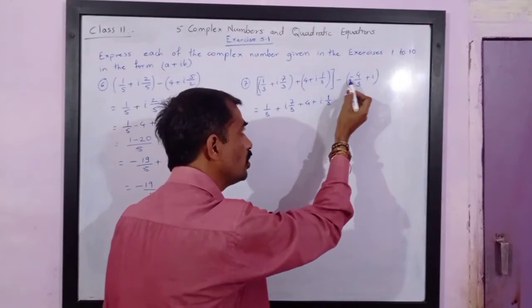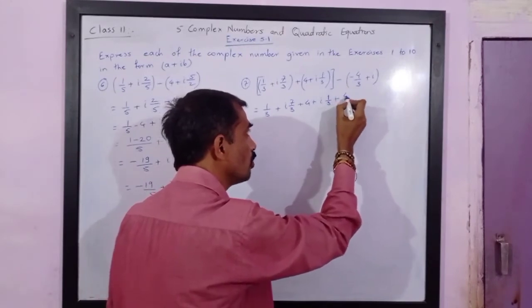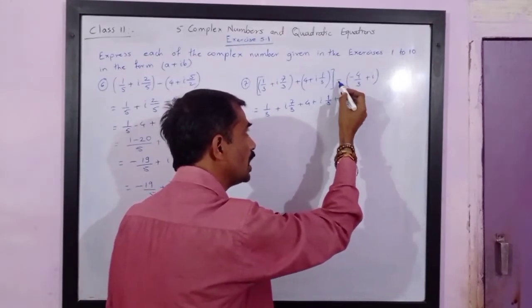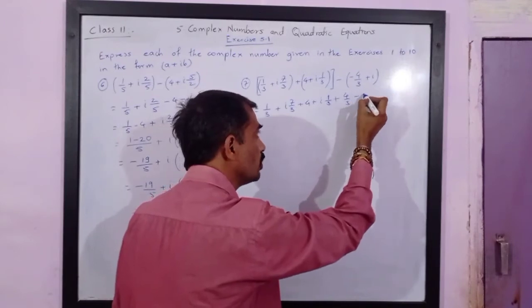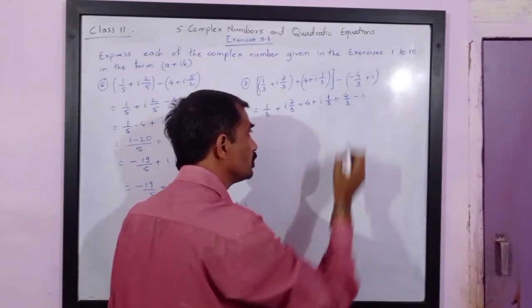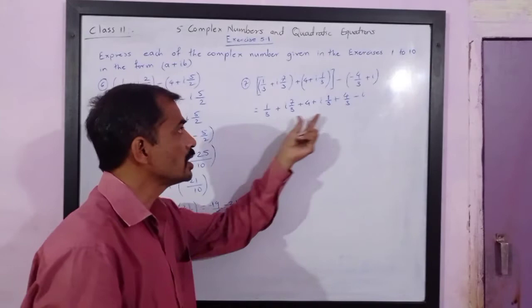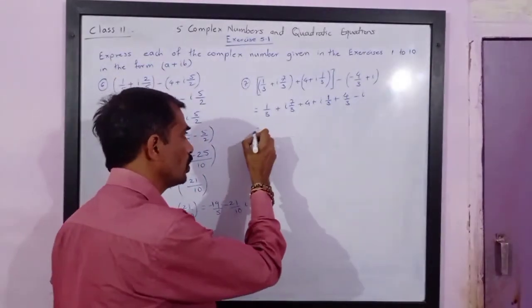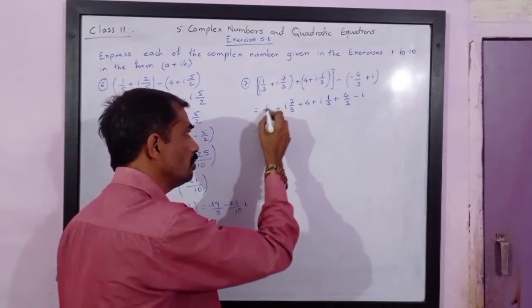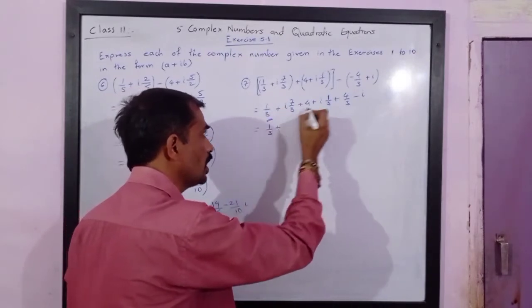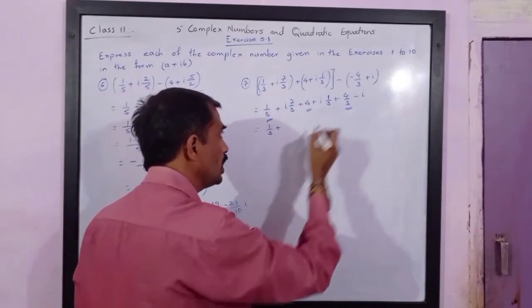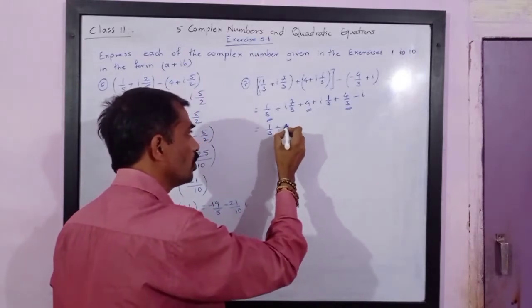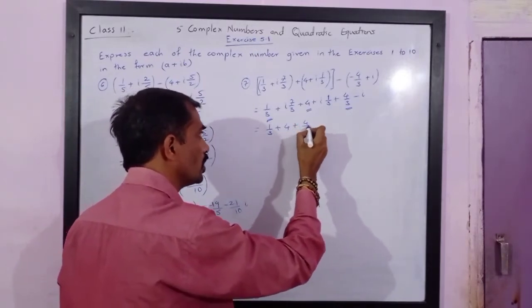This will be negative into negative is positive 4 upon 3 and negative into positive is negative i. Let us write the real terms together and imaginary terms together. So this is equal to 1 upon 3 is real term plus 4, these are real terms which do not contain i. So this is equal to 4 plus 4 upon 3.